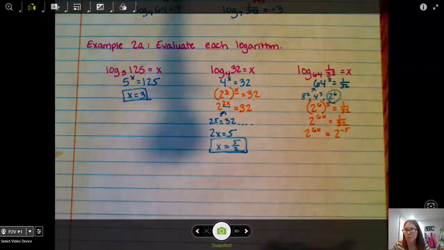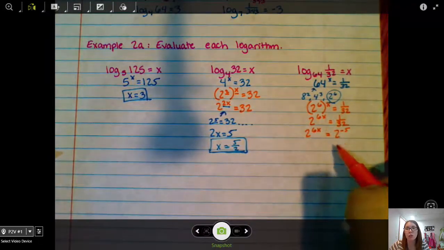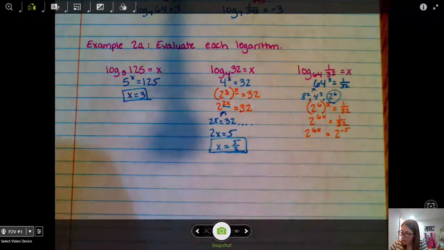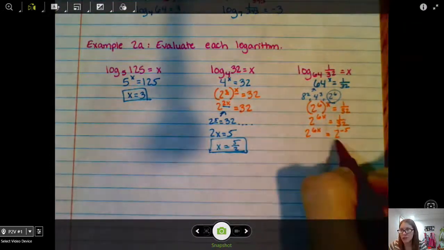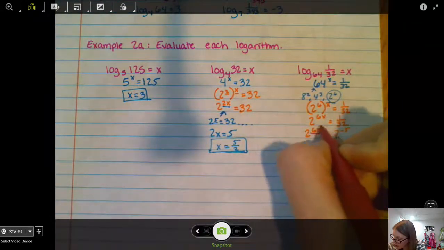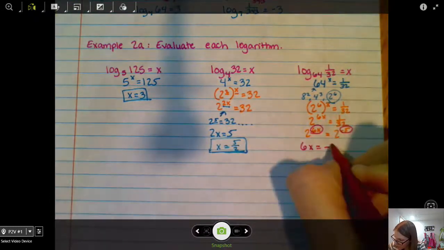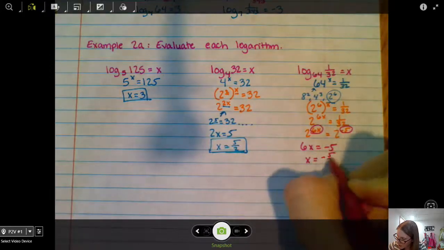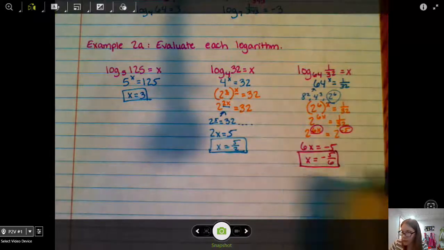Okay, so 2 to the 6x power has to equal 2 to the negative 5th. If you look at our situation here, my bases are the same. I have a base of 2 on both sides of my equation, so that means 6x has to equal negative 5. And then we divide both sides by 6. So x is negative 5 over 6.